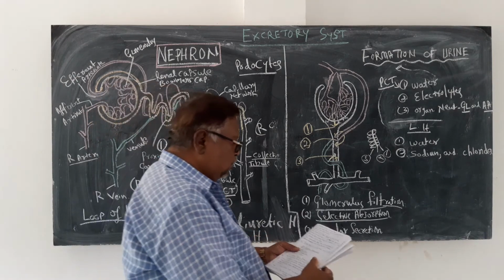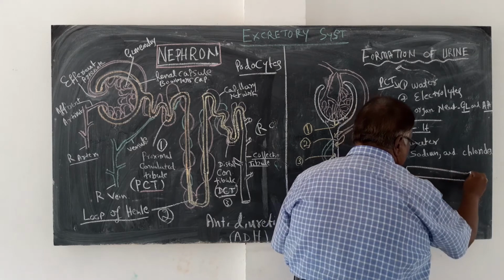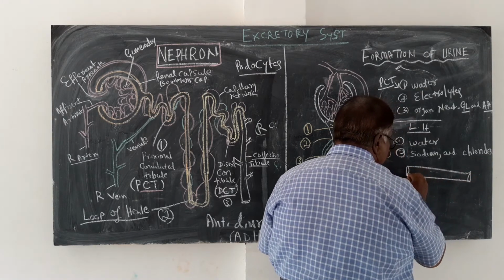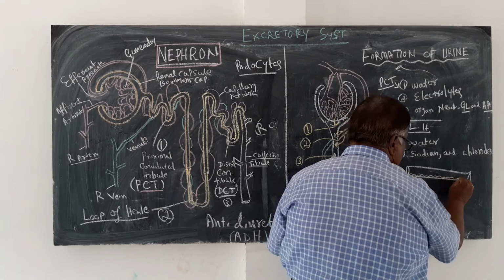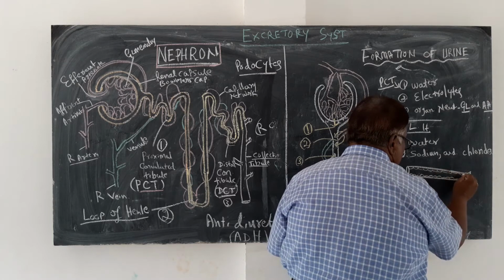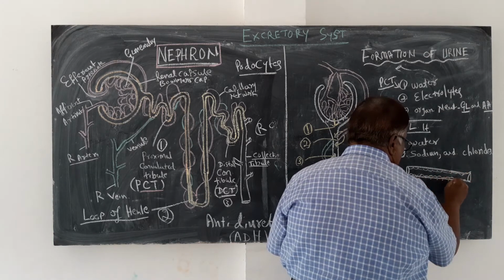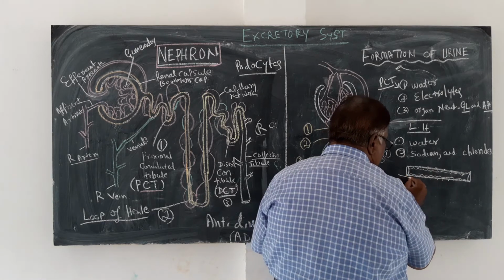I will show the figure also here. If this is the capillary network, a single layer of cells will be here, epithelial cells, very thin, thin-walled cells, which have pores on the wall, and this is the renal tubule.